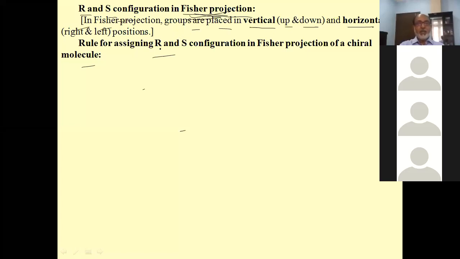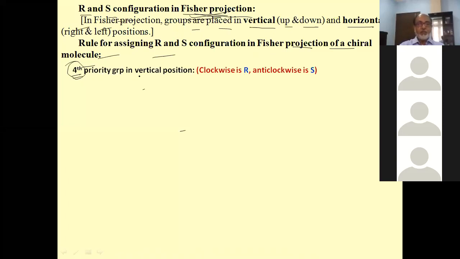Now, the rules for R and S configuration in the Fisher projection of a chiral molecule. Just see it carefully. Here, we are always interested in the fourth priority group.